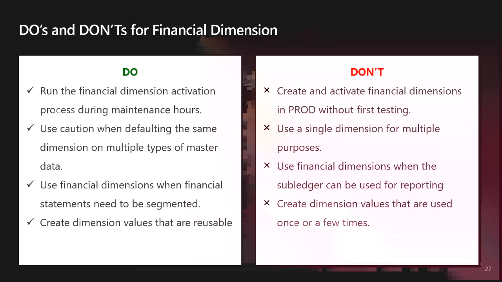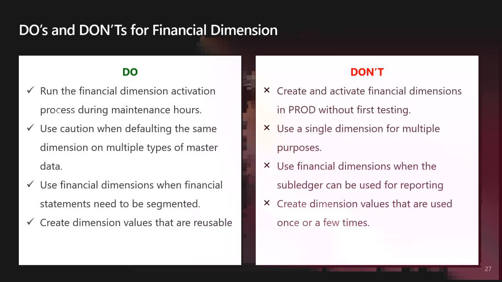In general, dimensions are only going to be added or filled in if the dimension value is already blank. So if it was already specified on the customer and you also put it on the item, the customer dimension would win. Use financial dimensions when financial statements need to be segmented.